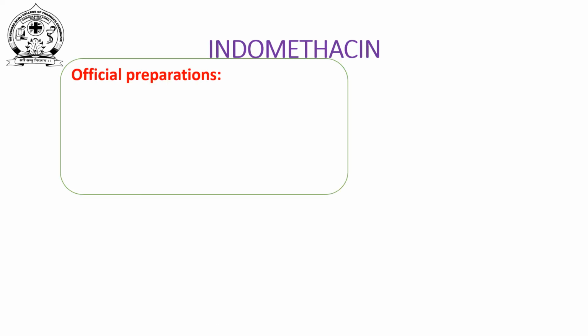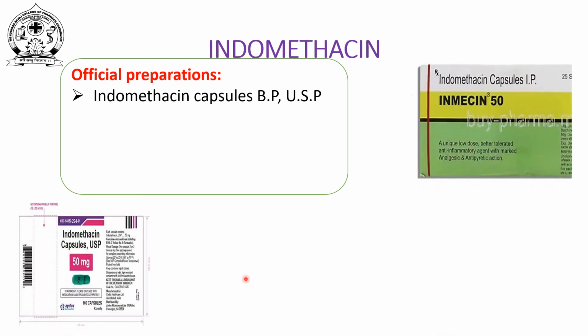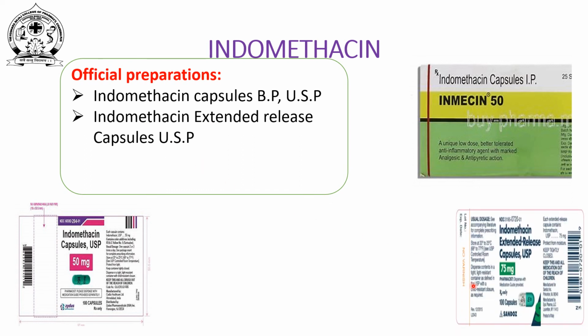Next, coming to indomethacin official preparations. Indomethacin capsules are official in BP and USP. Here are marketed preparations of indomethacin capsules. Next, indomethacin extended release capsules, official in USP. Here is one of the marketed preparations of indomethacin extended release capsules.